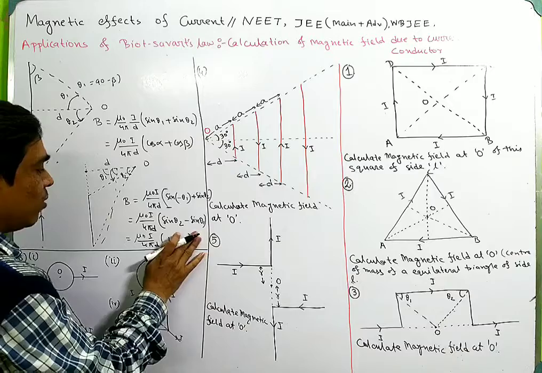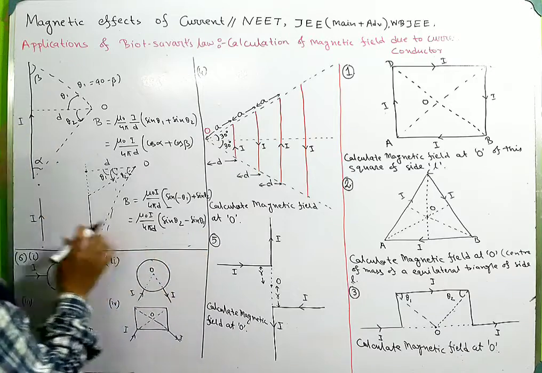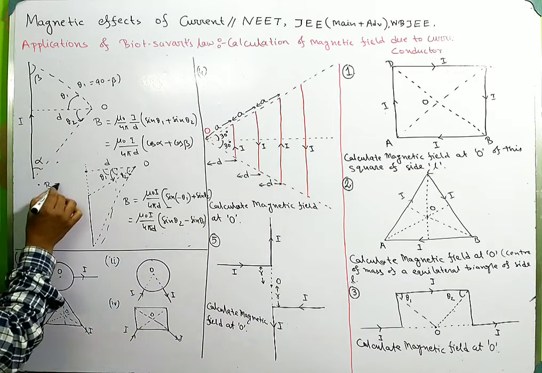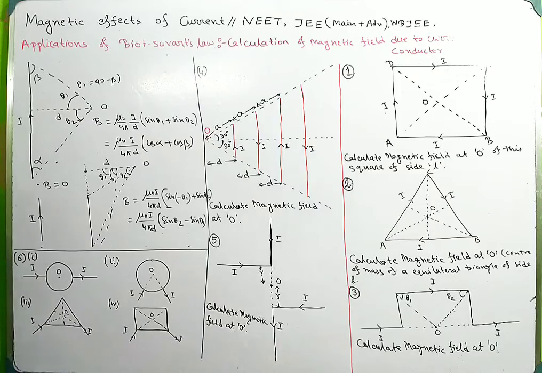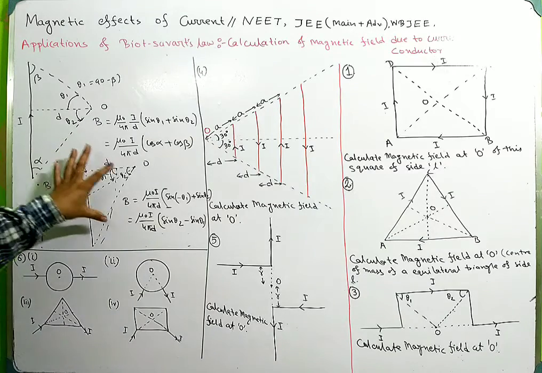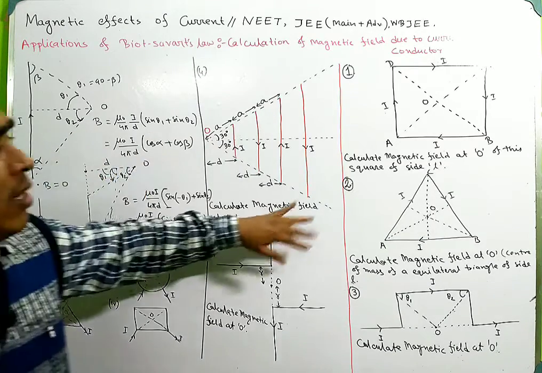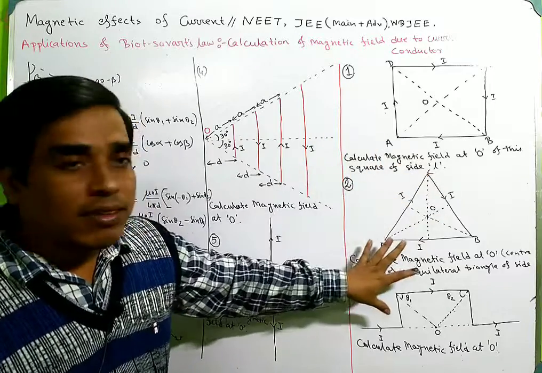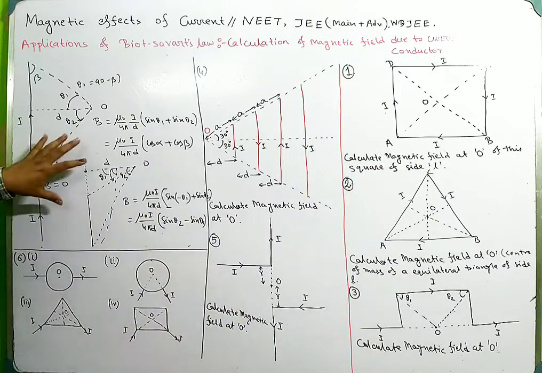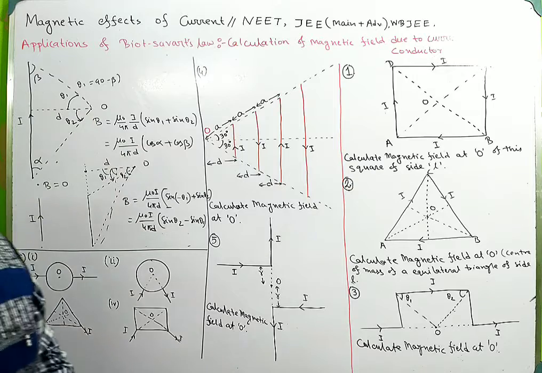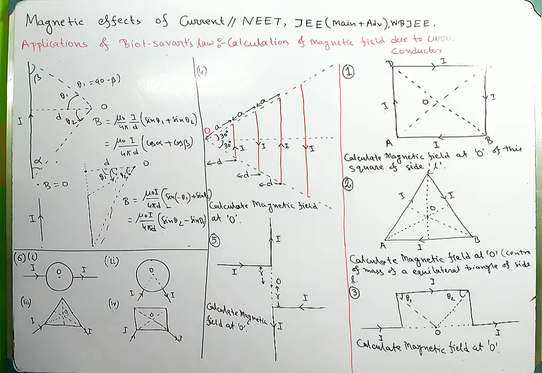So the magnetic field will be 0 in this case. This is the main fundamental thing to calculate the magnetic field in various cases. By using this formula we can calculate the magnetic field easily.